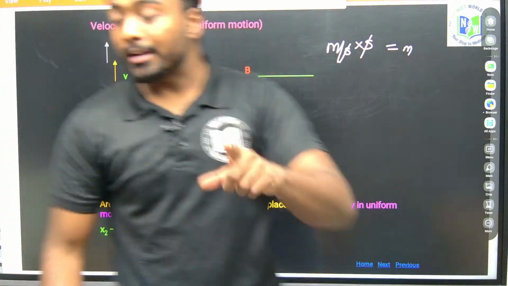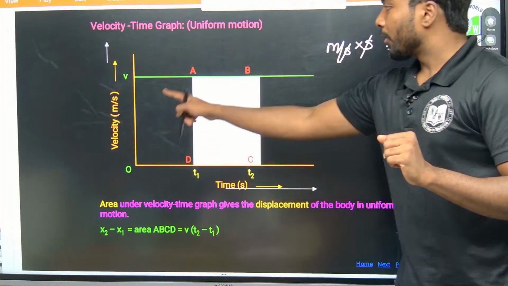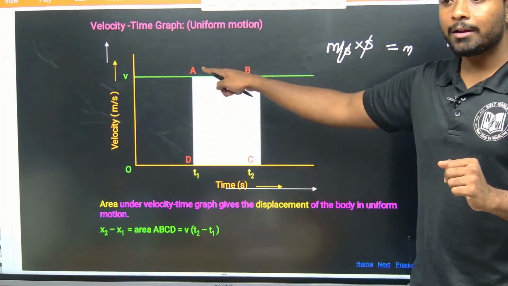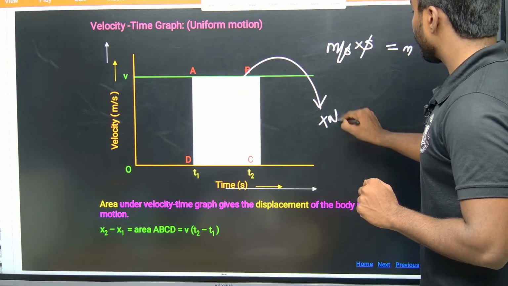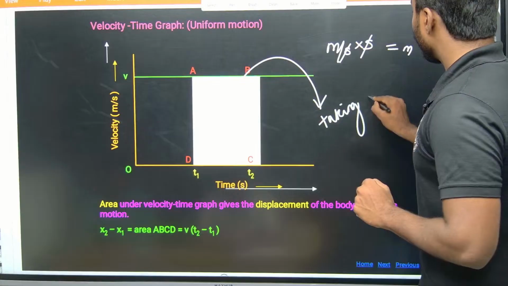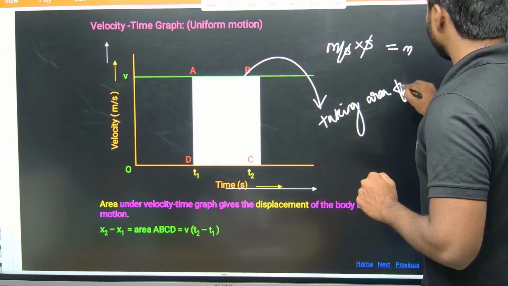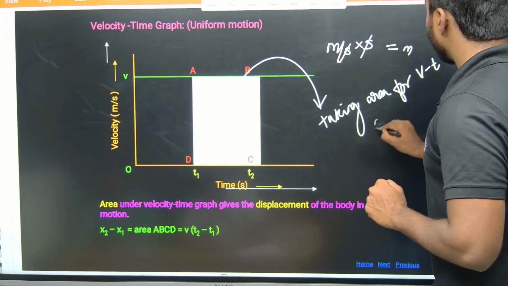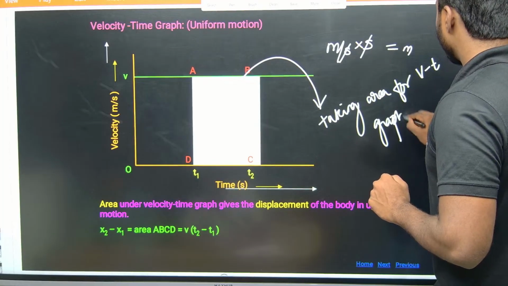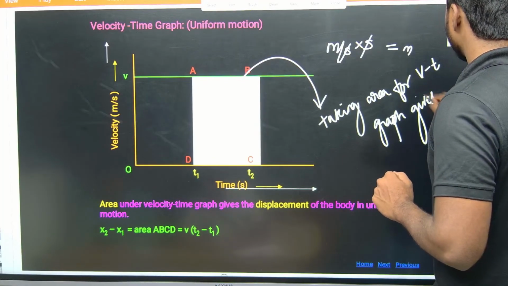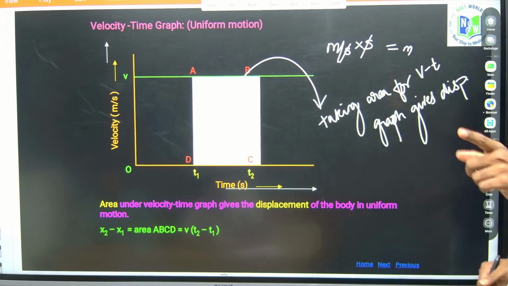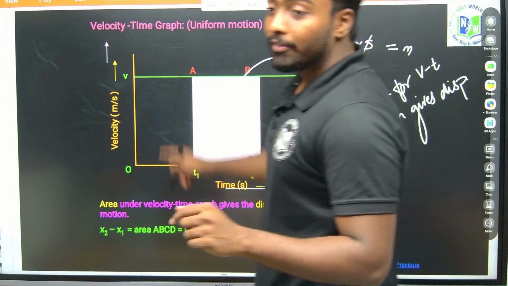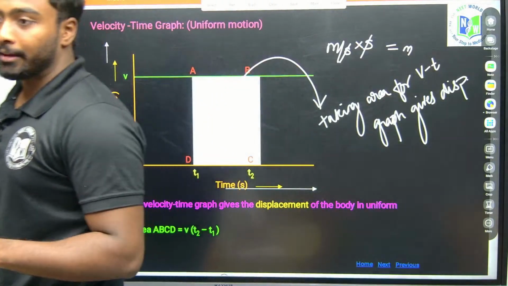So taking the area of the VT graph gives displacement.